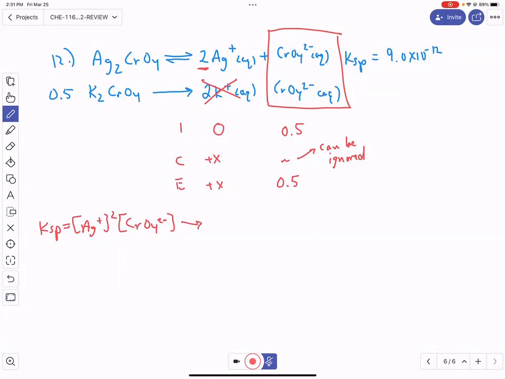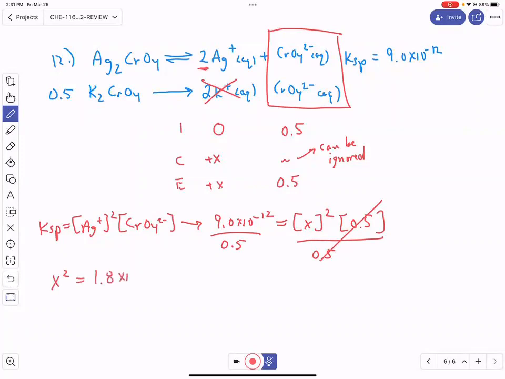So my KSP, 9 times 10 to the minus 12 equals X squared. I still have to square it because that's my KSP expression. Times 0.5. So I'm going to divide both sides by 0.5. And I get X squared equals 1.8 times 10 to the minus 11. I take the square root of both sides.